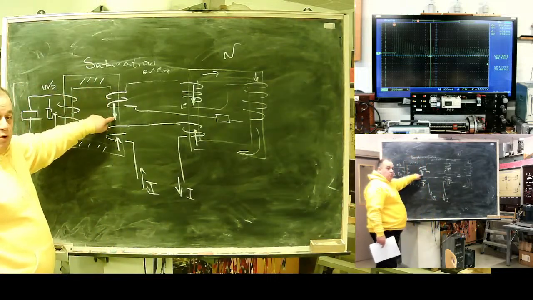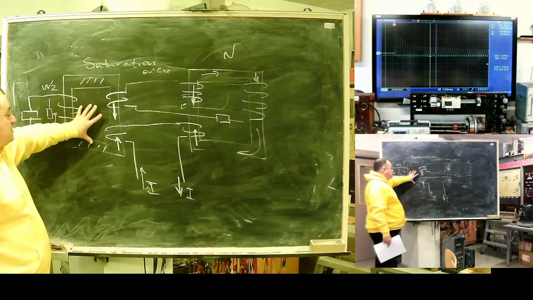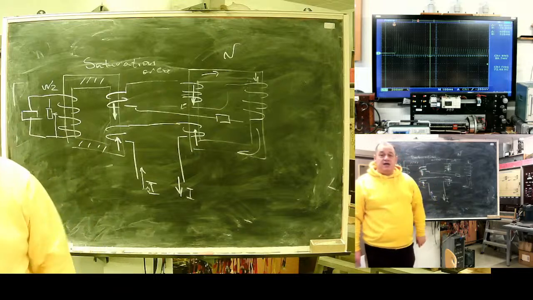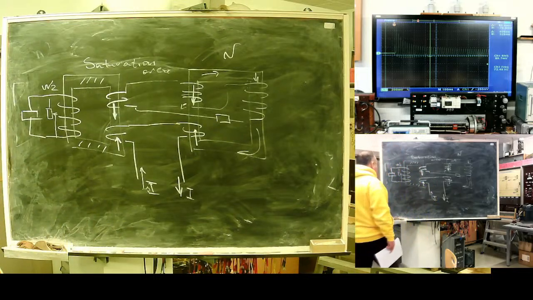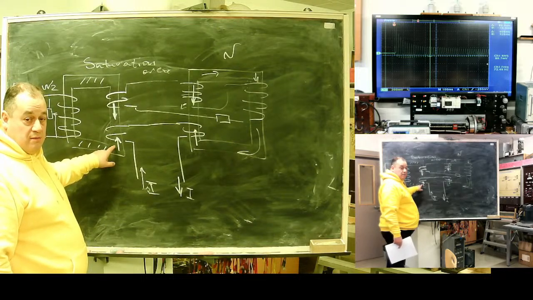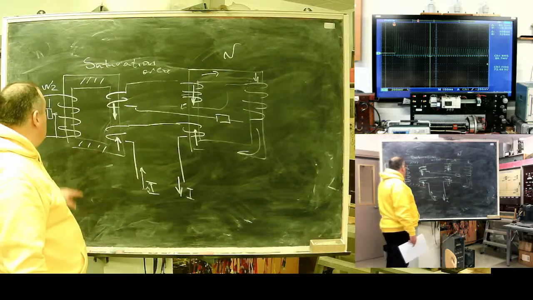Because there will be no blue demagnetizing flux, this saturatable transformer will go into saturation and work as a limiter.